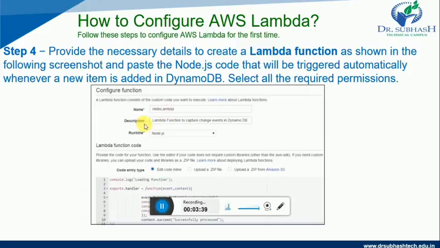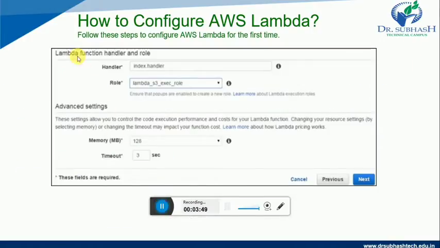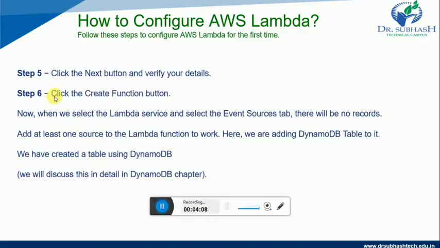Also you have to provide the description of the Lambda function, and you have to give your runtime programming language, that is Node.js. Here you also have to specify the Lambda function handler and role. So you have to provide the handler name and role of the Lambda function. Also you can have some advanced settings like memory and timeout, and then you can go for the next button. Step 5 is click the next button and verify your details. And step 6, click the create function button.